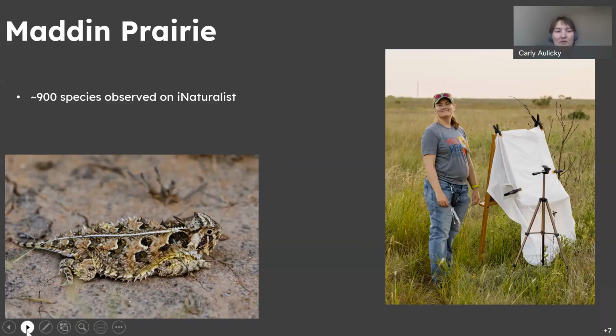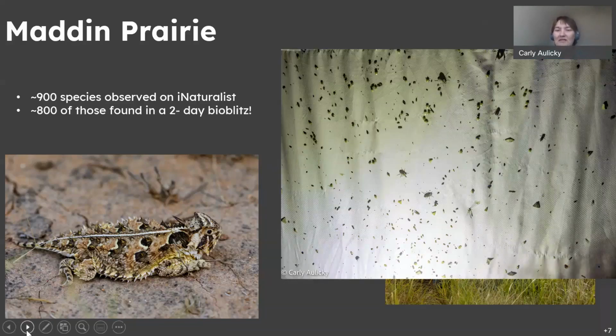But this is also one of those cases where you can see how beautiful and diverse prairies are, because out of those 900 species observed, we found 800 of those with a group of about 12 people in 2 days, with nocturnal bioblitz or mothing, so looking at all of our moths and nocturnal insects coming to sheets and blacklights, and 2 days poking around in plants, we came up with 800 species in 2 days.